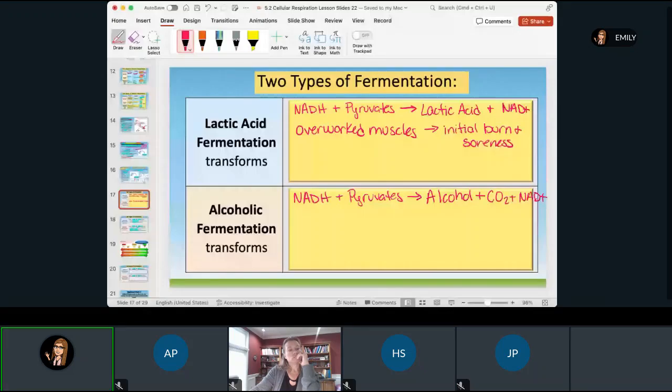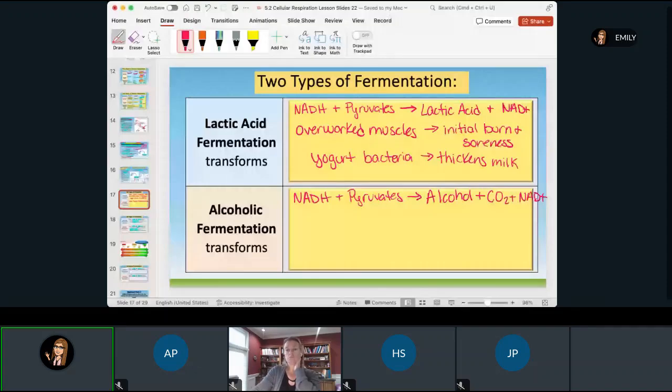And this also occurs in yogurt bacteria. This is what thickens the milk. So after this, who wants to go eat a big bowl of yogurt, huh? So, lactic acid fermentation is what thickens the milk in yogurt, and allows for yogurt to be made.